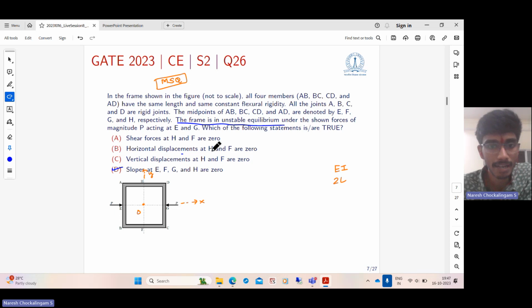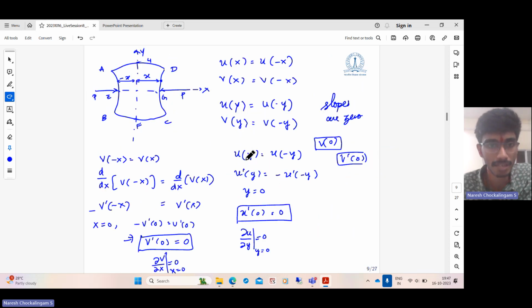The horizontal displacements at H and F are 0. Now let us look at that.